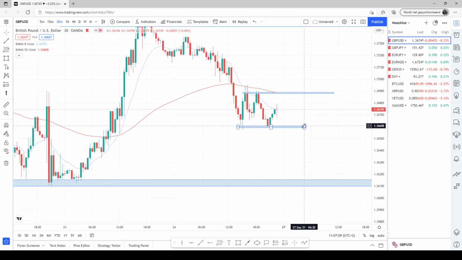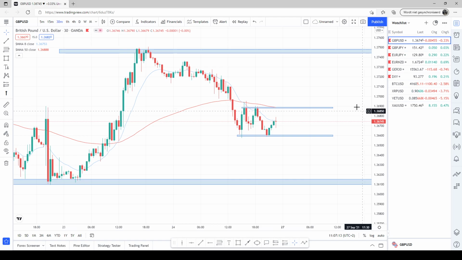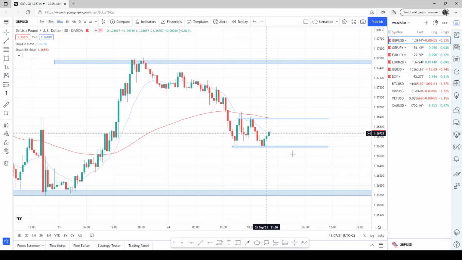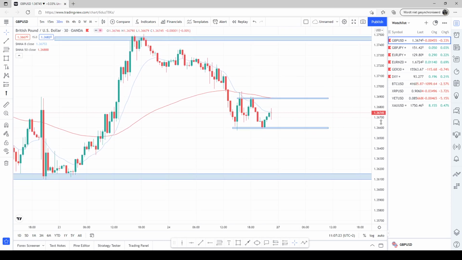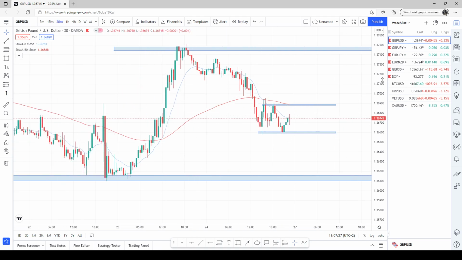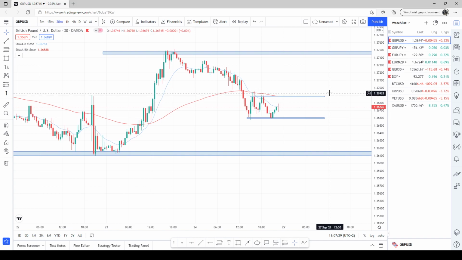This for me is a beautiful zone to open the market on Sunday or on Monday, depends on where you live. So this is beautiful. I think GBP USD could be a nice trade when the market opens Monday.